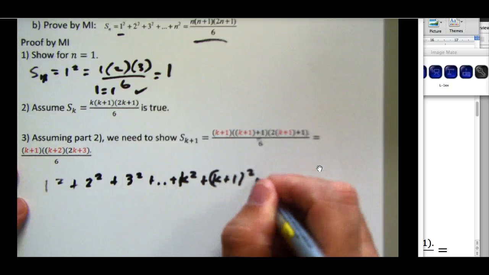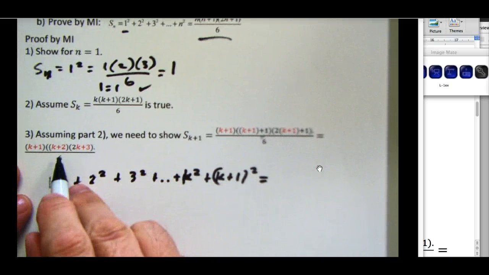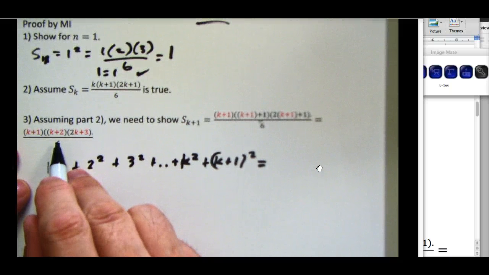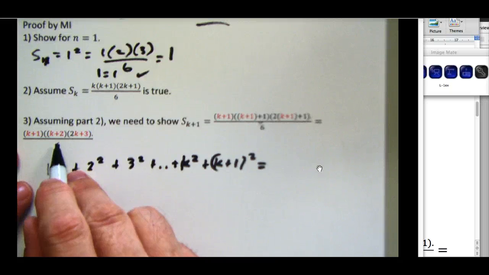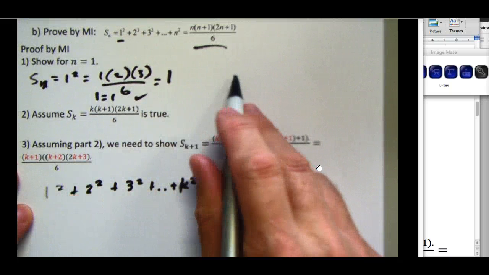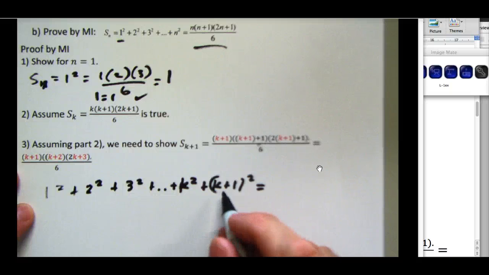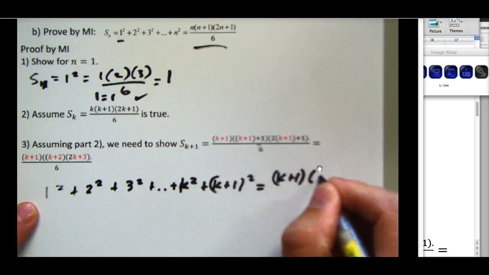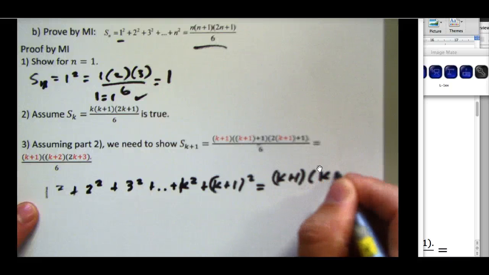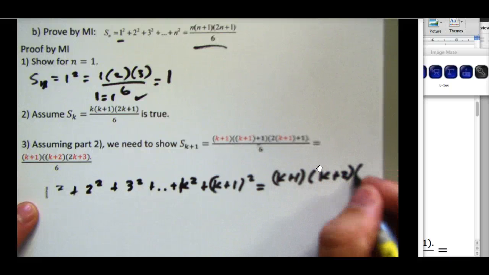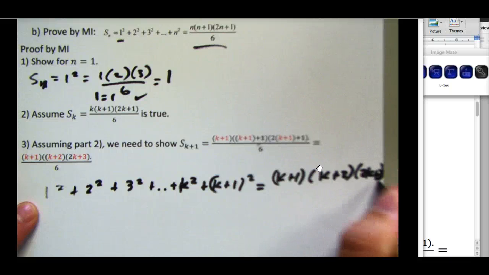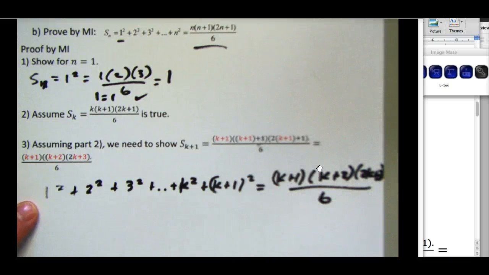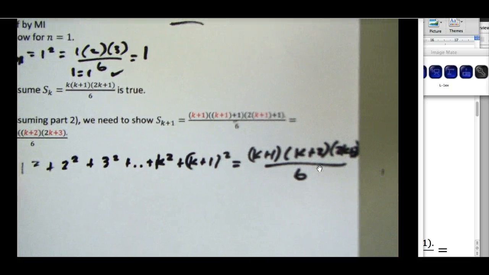And then for this top, which is equal to, I have it written here: I added k plus 1 wherever I saw the n for my original right-hand side here. So when I do this, this is what I have to show through the algebra.